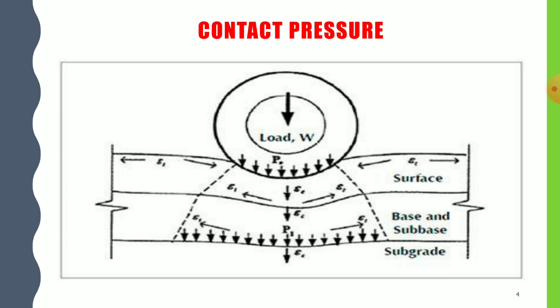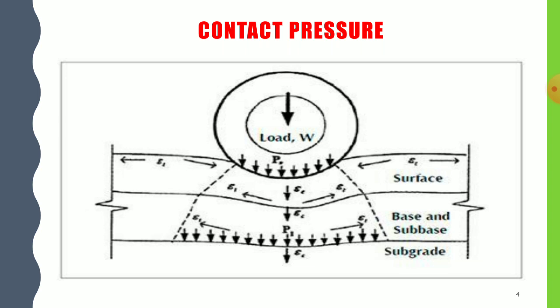First is the wearing course, with which the tire has direct contact, second is the base course, and third is the subgrade. The load from the wheel is distributed to the base layer, goes to the subgrade layer, and lastly the subgrade layer moves the load towards the soil.